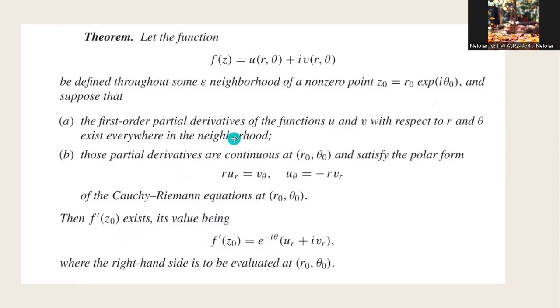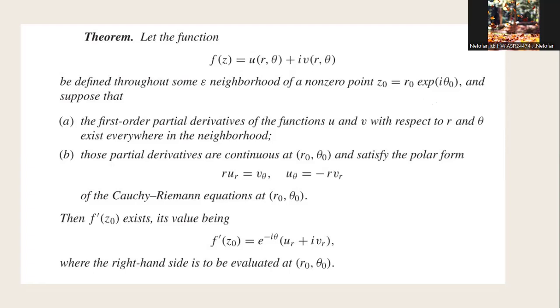We'll proceed towards proving this theorem by showing that the CR equations in polar form are exactly an alternative form of the CR equations in Cartesian form. When we establish this, from that sufficient condition for the Cartesian coordinates, we can restate this theorem: the conditions that hold for those coordinates are also valid for the polar coordinates, and so on.